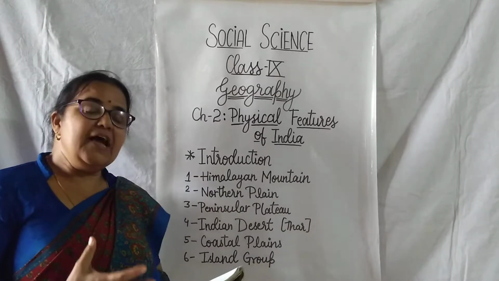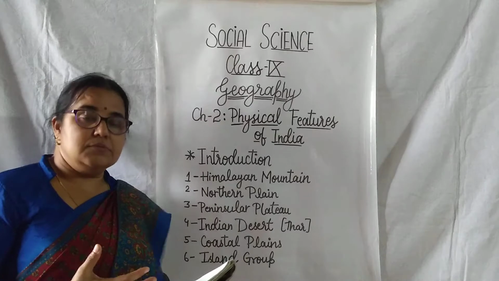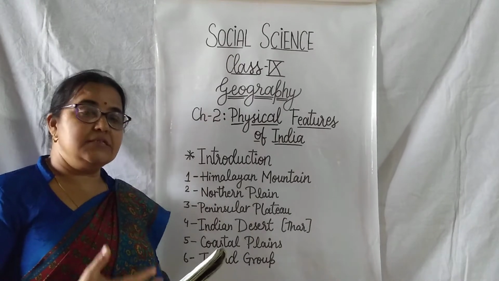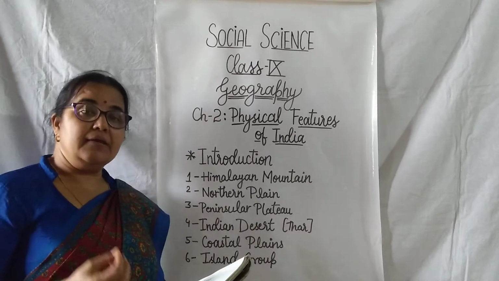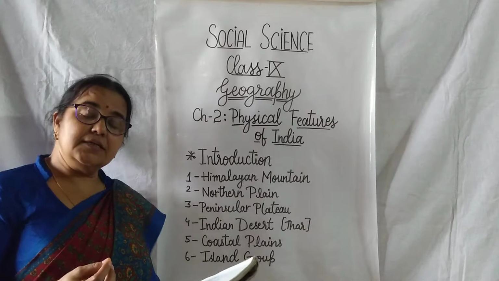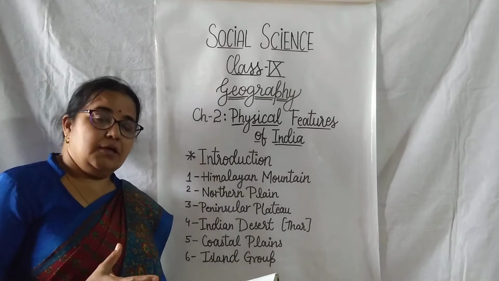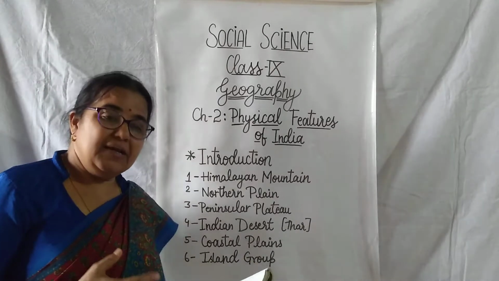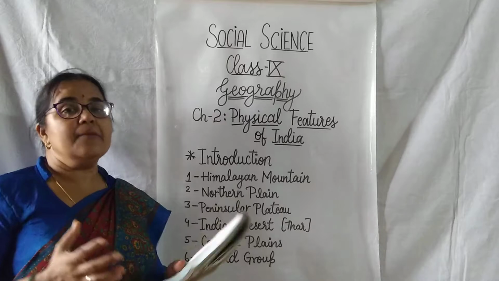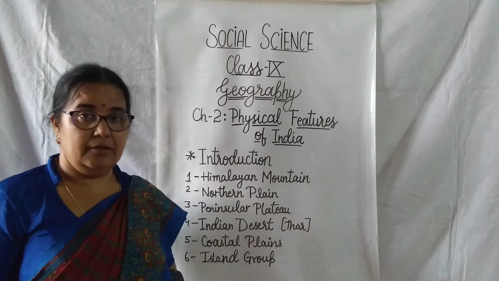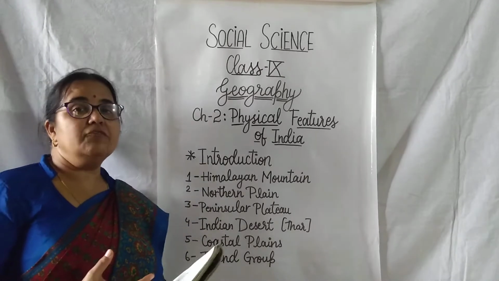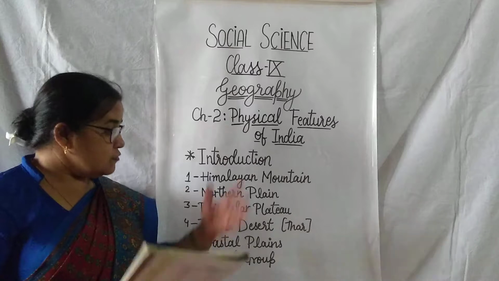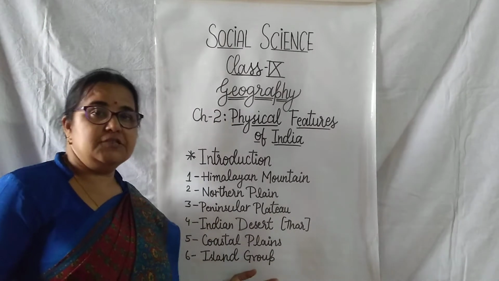So we see that India has different types of landforms. In our country we can see mountains, plains, plateau, desert, and islands as well. So we can say that we are blessed that we can see different types of features in only one country. There are many countries in the world which don't have so many types of physical features.